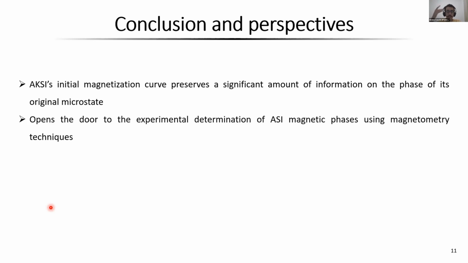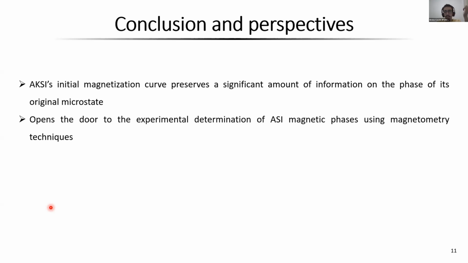In turn, this opens the path to the experimental determination of the phases of artificial spin ices using magnetometry techniques, if not alone, perhaps as an additional tool to imaging techniques. So instead of directly putting your sample on a microscope, you can do a preliminary characterization with it.